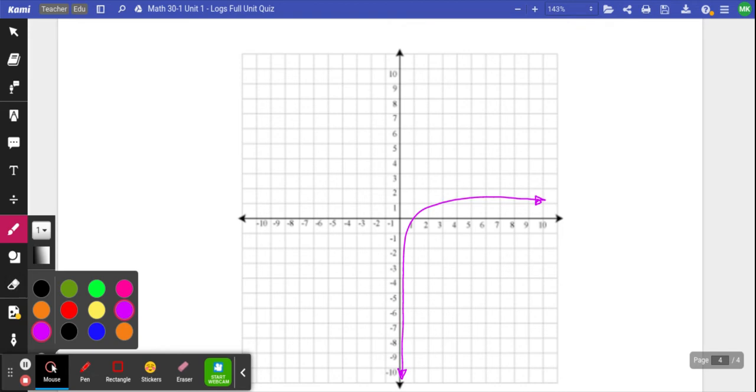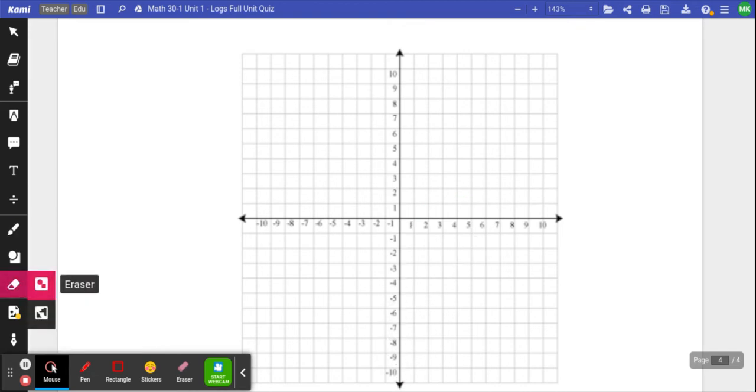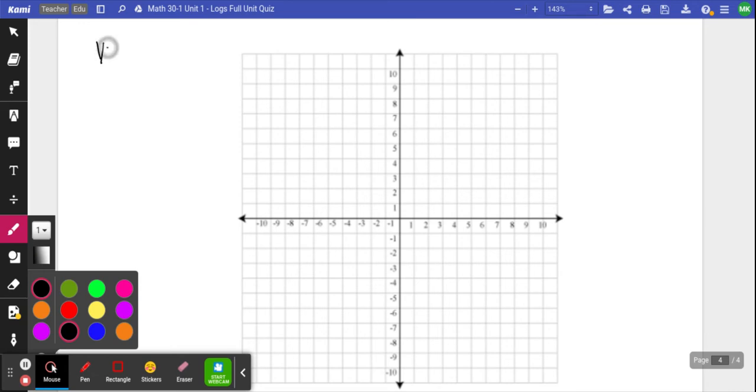So to draw this nicely, you need to find exact points on this graph. There's different ways you could do that. You could graph it in your calculator, and if you go second graph, it'll take you to a table of values, and it'll give you a bunch of points that you could then draw. Or, if you want to do it by hand, you take y equals log 2 of x, and you just start choosing values for x.